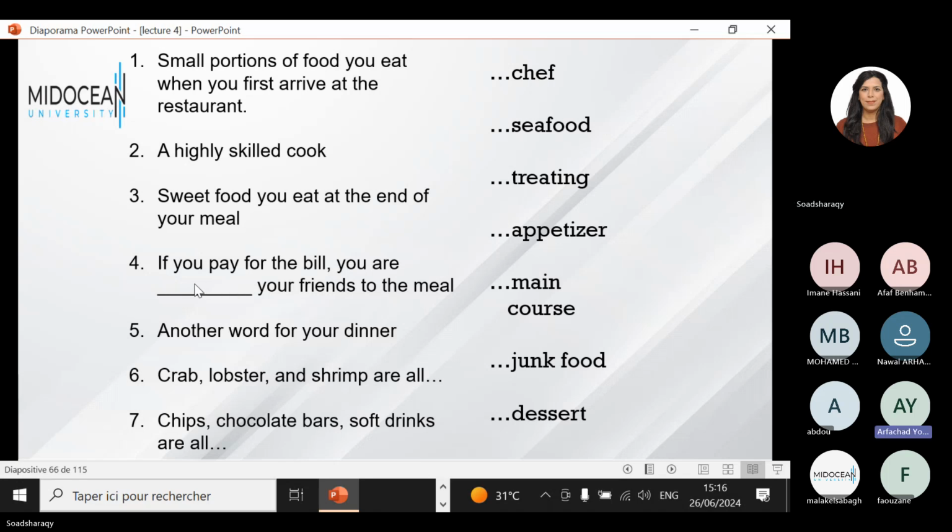If you pay for the bill, you are your friends to the meal. You are what? You are main course? Oh my God. You should understand the context of the sentence.